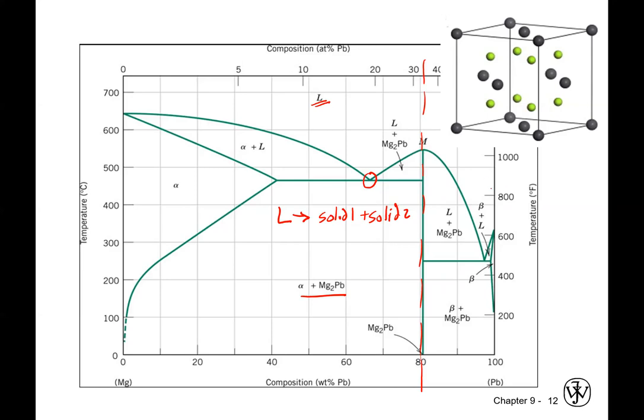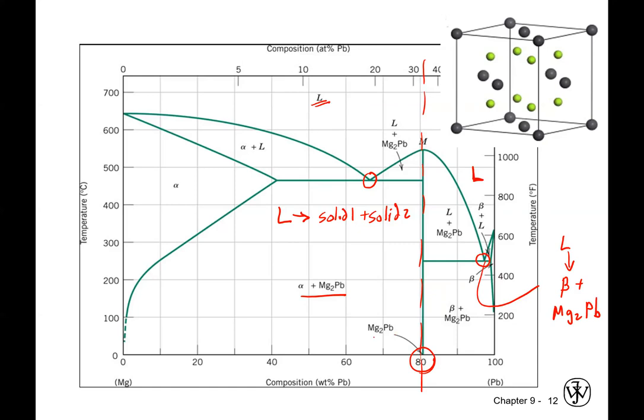And so over on this other part of the diagram, this is still liquid over here. I have a eutectic point right there, right? That is liquid dropping down into two solids, beta plus Mg2Pb. All right, so it looks like two eutectic diagrams put together, and what's separating them at this one composition here is actually 2 magnesiums to 1 lead.